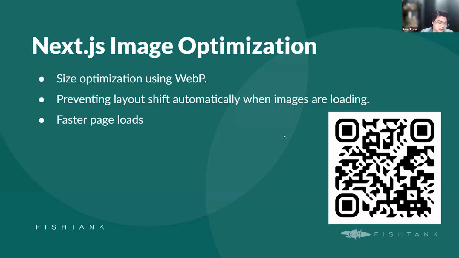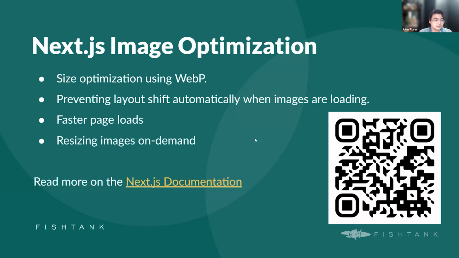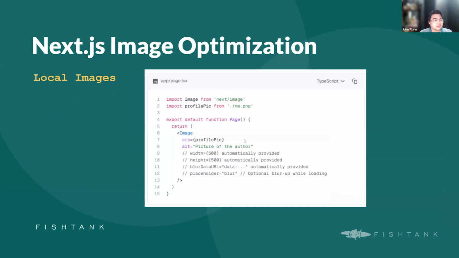The QR code there is if you want to look at the Next.js documentation as well. So that is one of the reasons why it's good to use the Image component that's provided in Next.js. So we want to use this image component in XM Cloud. That's the goal here.